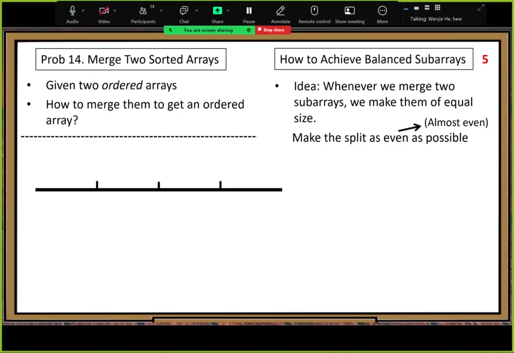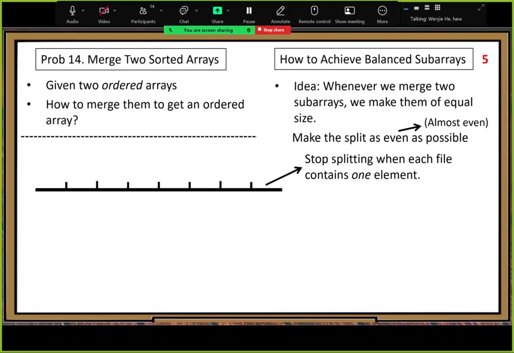For each subarray, we split in the middle. So the second round splits, then the third round splits. We'll keep doing even splits like this, all the way down to the last step.